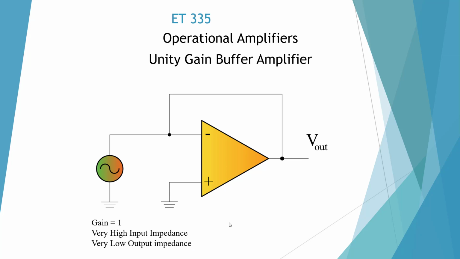So if we were to attach a circuit to another circuit, this would be a good device to make very low impact on that signal because of the very high input impedance. If we need to change the input impedance, we could go ahead and put resistors in here and still have a gain of 1.